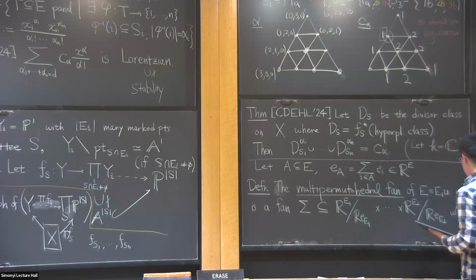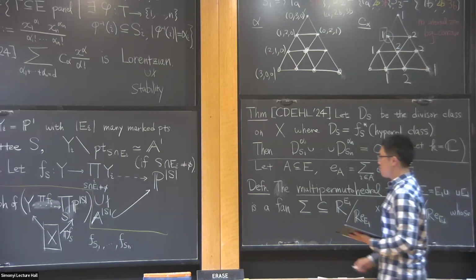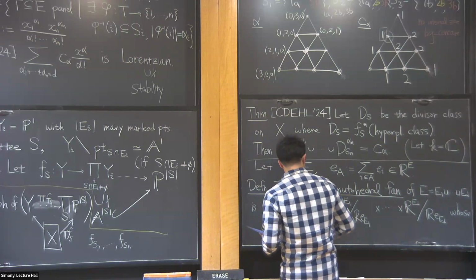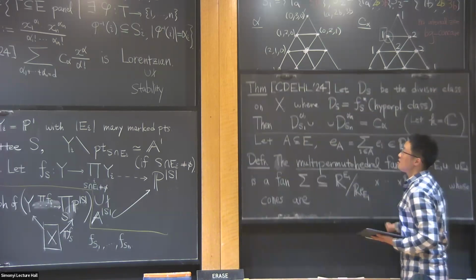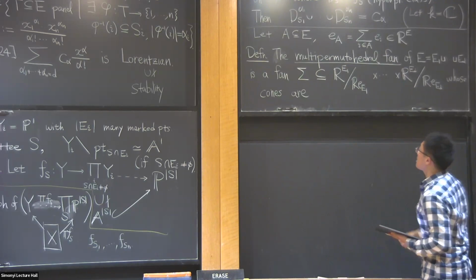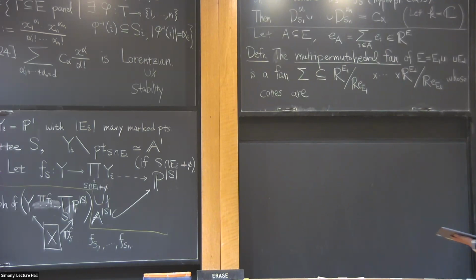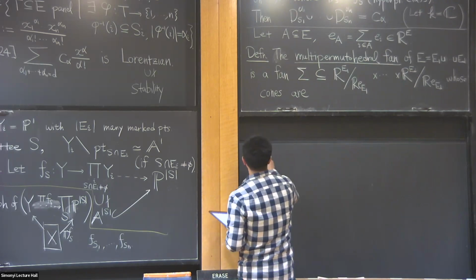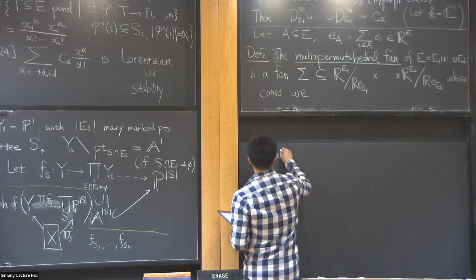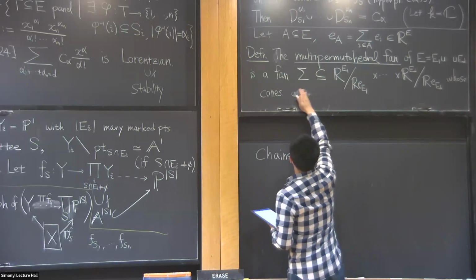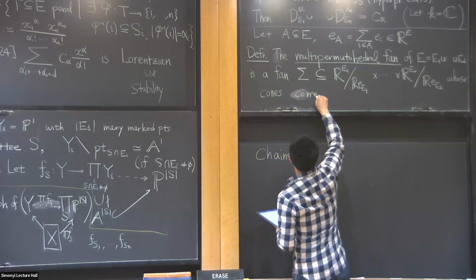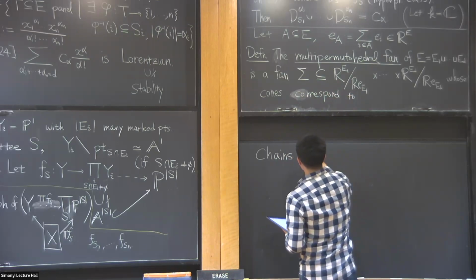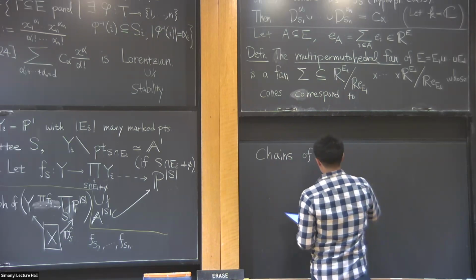It's a fan in this space whose cones are the following. Cones correspond to chains of committees.